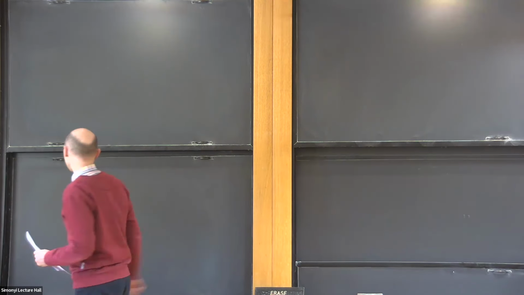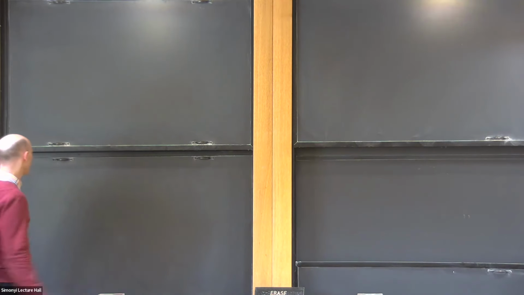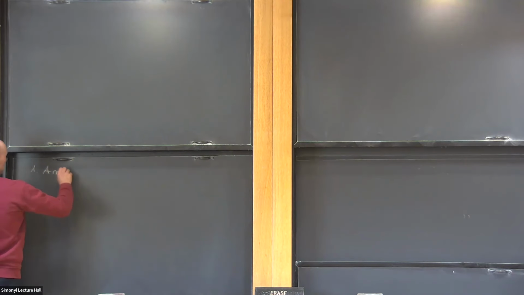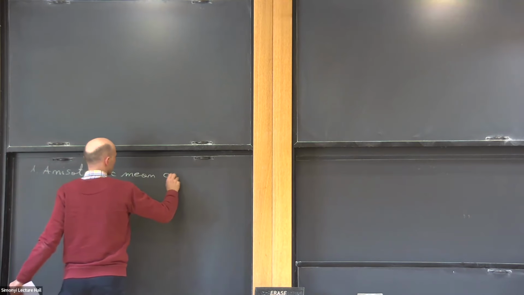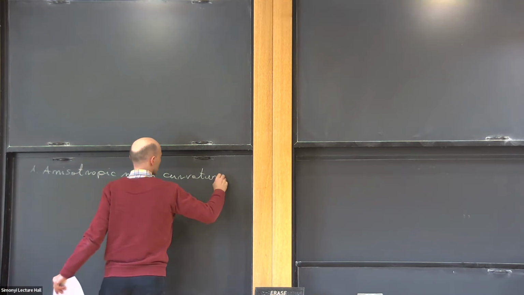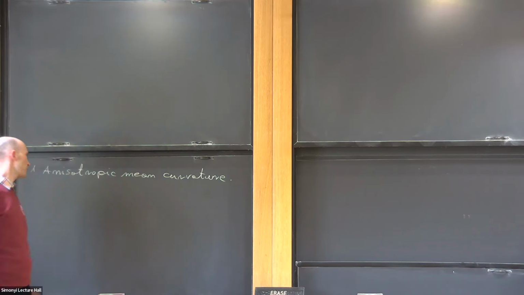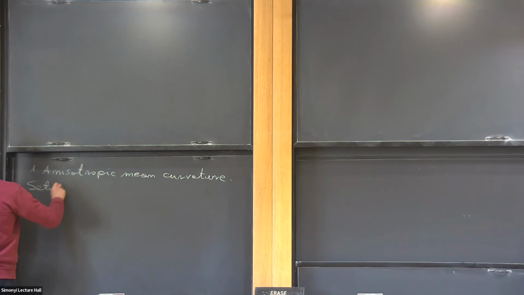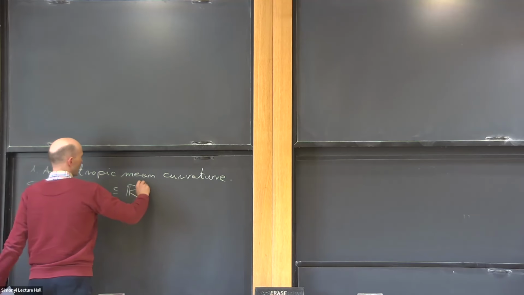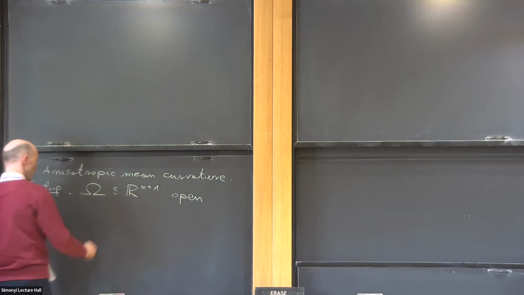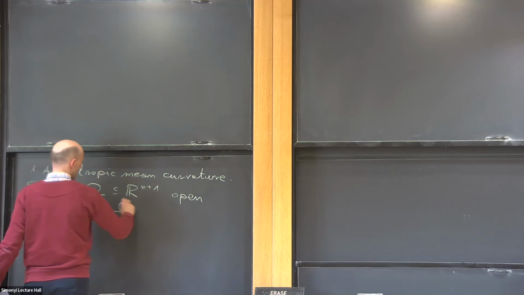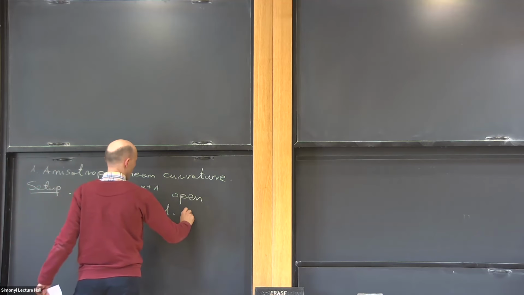And let us start with defining what is an anisotropic mean curvature. First, maybe we start with a setup. For the whole talk, let Omega be an open set in R^{n+1}, and we will study closed, or relatively closed, subsets of Omega.